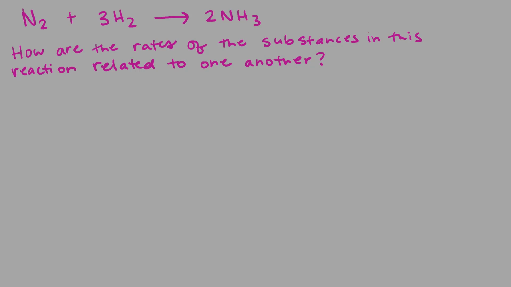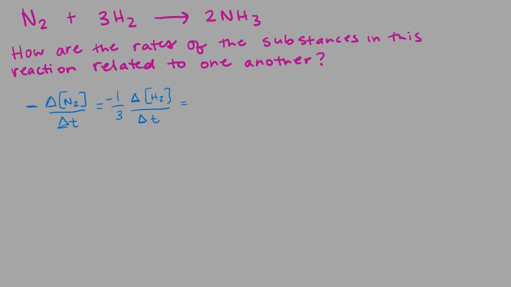So if I look at the rate of consumption of N2, that would be a negative rate, and it would be the change in the concentration of N2 over the change in time. And then the rate of H2 would be 1/3 of that. So it'd be equal to negative 1/3 times the change in the concentration of H2 over the change in time.